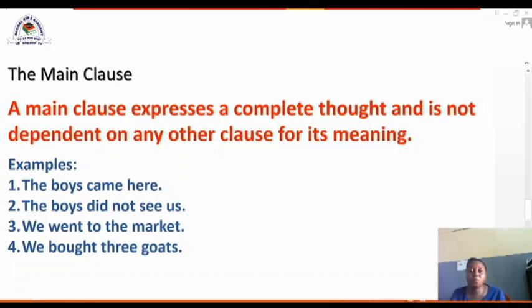We went to the market. We as subject, went as verb, to the market as adjunct, which indicates place. We bought 3 goats. We as subject, bought as verb, and 3 goats as object. These are examples of main clauses. Main clauses express complete thoughts and do not depend on other clauses for their meanings.